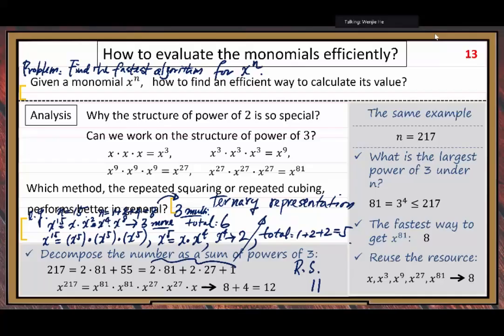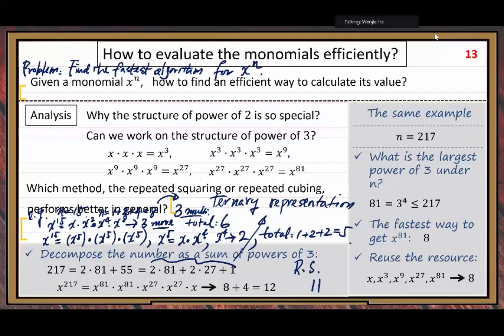Why is sometimes repeated squaring better, sometimes repeated cubing better? The answer depends on the structure of your n number. If your n number is more friendly to the power of 2 representation, then repeated squaring is better.